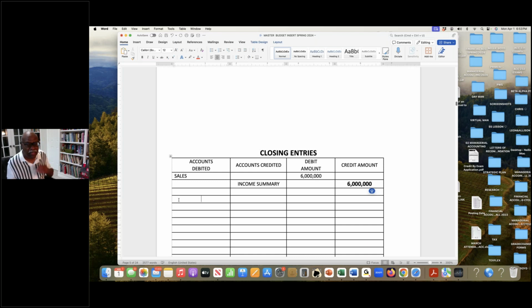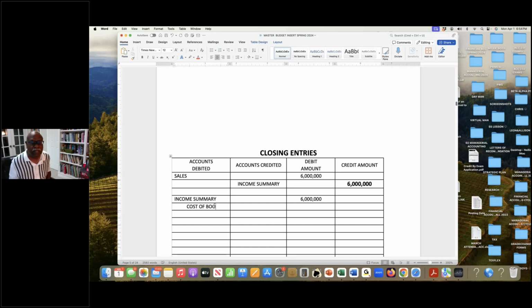Then on closing entry 2, we would close out the expenses. So now we're going to debit income summary, and that would be for 6 million. We're going to credit the cost of the books.